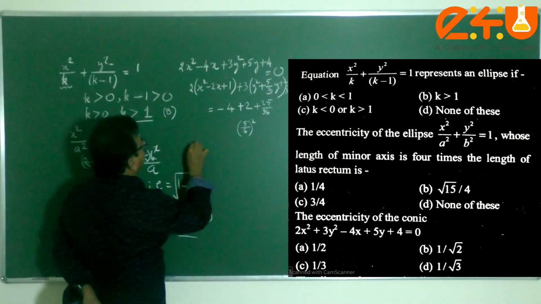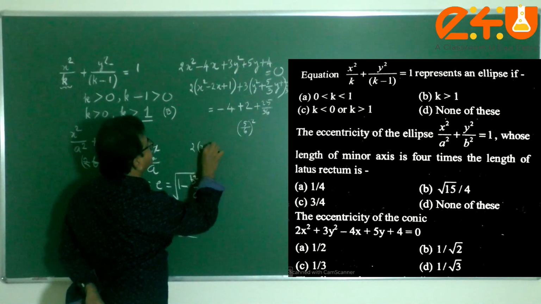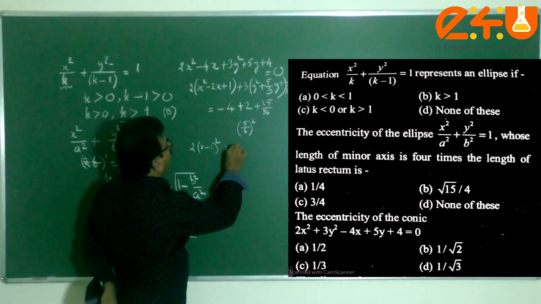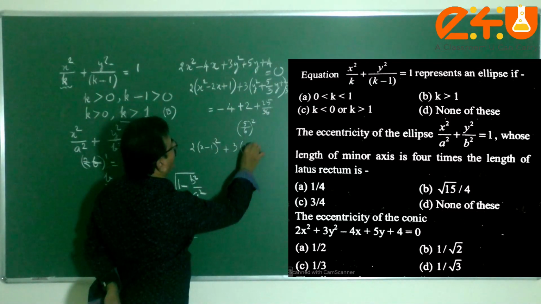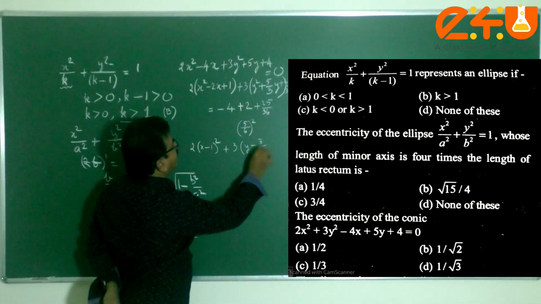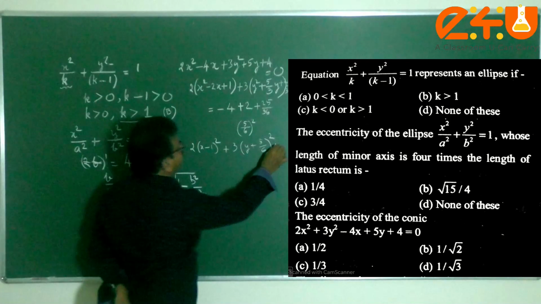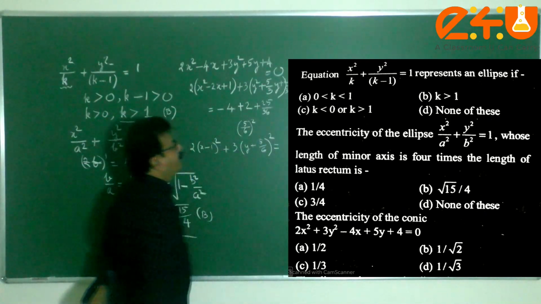Upon completing, the equation of ellipse becomes 2 times x minus 1 the whole squared and 3 times y plus 5 by 6 the whole squared is equal to.